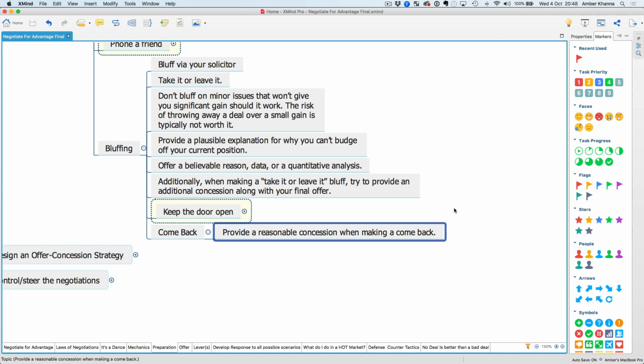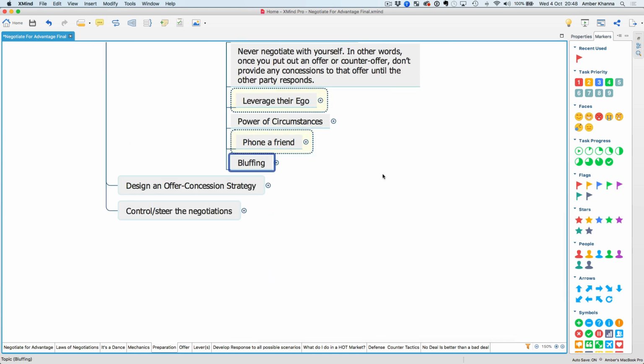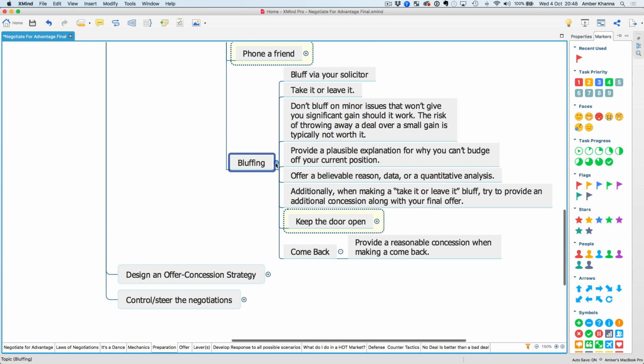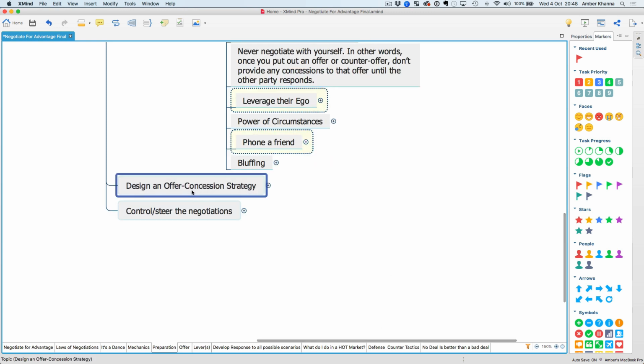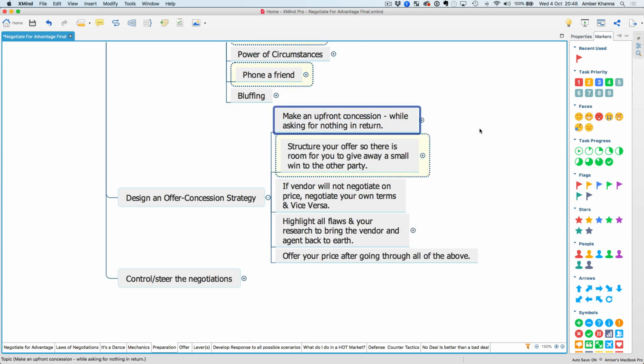The more you say here's why, the more it comes out as genuine, and you are genuine, because you're telling them here's why I can't pay you that much: I've done my numbers, I've seen what the issues with this site are, and that's why I've come to this decision. Offer a believable reason, data, or quantitative analysis.